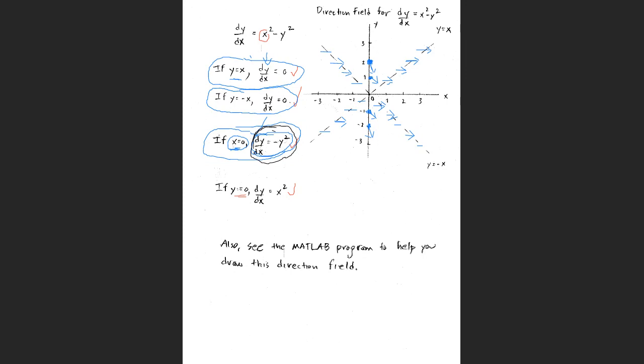So what happens to the derivative dy/dx as y gets larger? Does the derivative increase or decrease? As y gets larger, does the derivative become more negative or less negative?